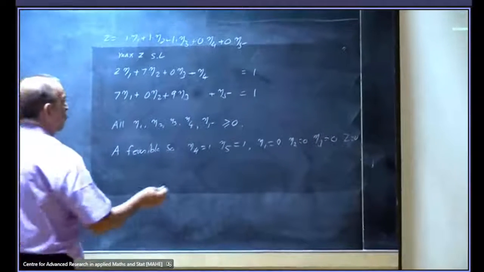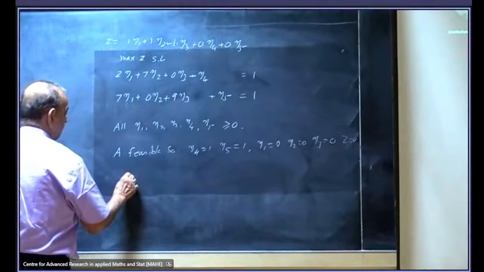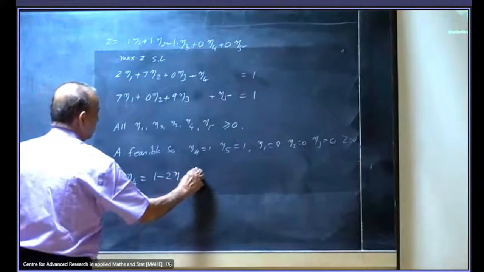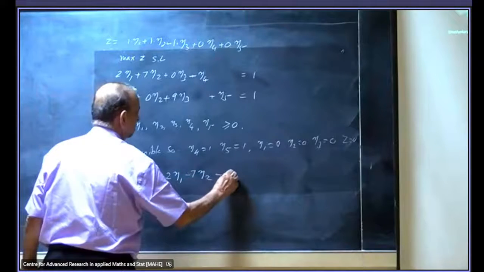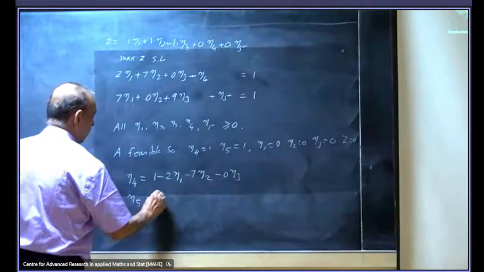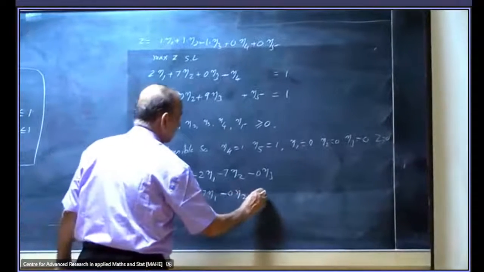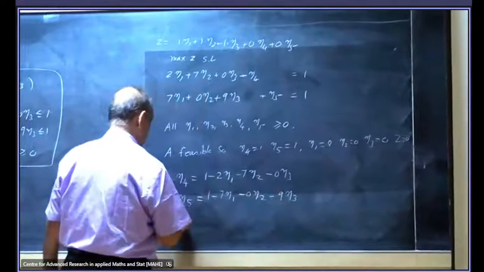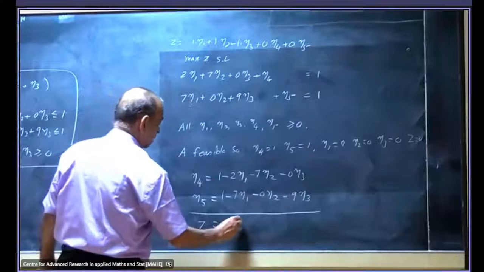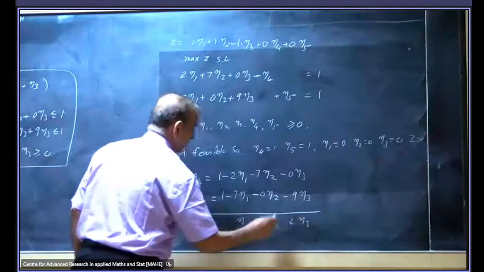Now, what you do is you write this whole expression as follows. Eta 4 equals 1 minus 2 eta 1 minus 7 eta 2 minus 0 eta 3. Eta 5 equals 1 minus 7 eta 1 minus 0 eta 2 minus 9 eta 3, and Z equals eta 1 plus eta 2 plus eta 3.